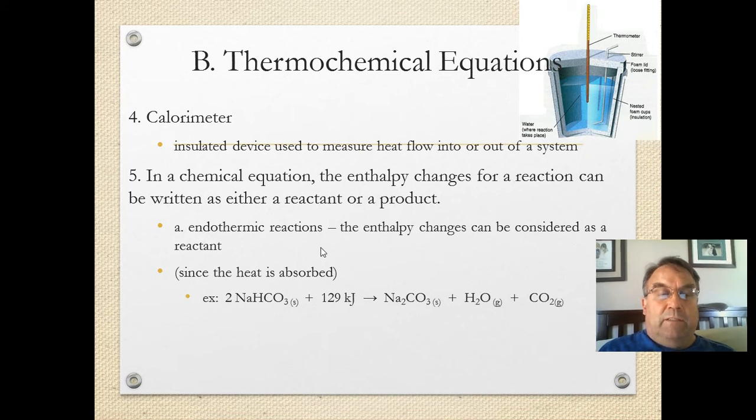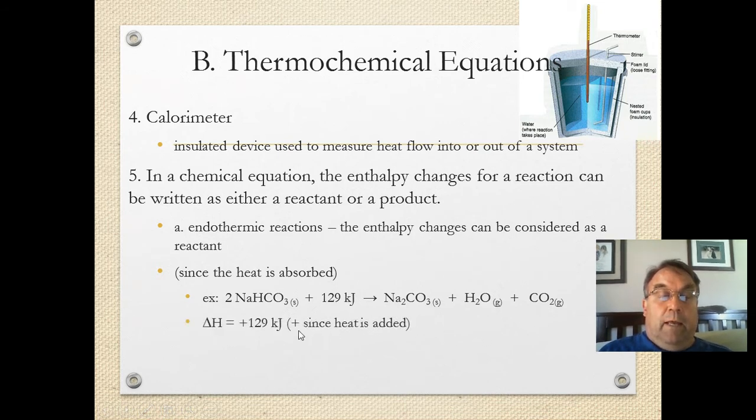So here's a reaction where we have sodium bicarbonate, where 129 kilojoules is absorbed by the system, and it's chemically changing, decomposing into sodium carbonate and water and carbon dioxide.